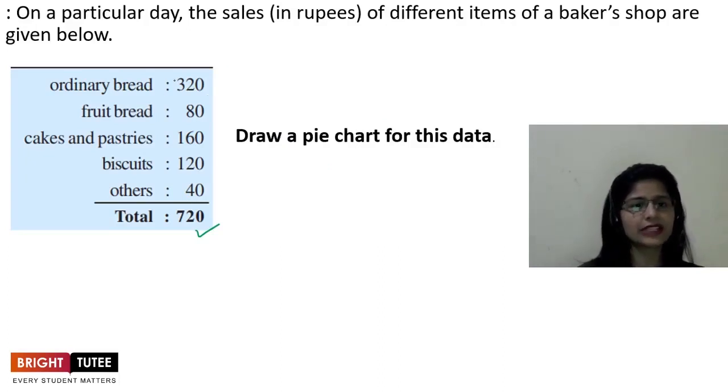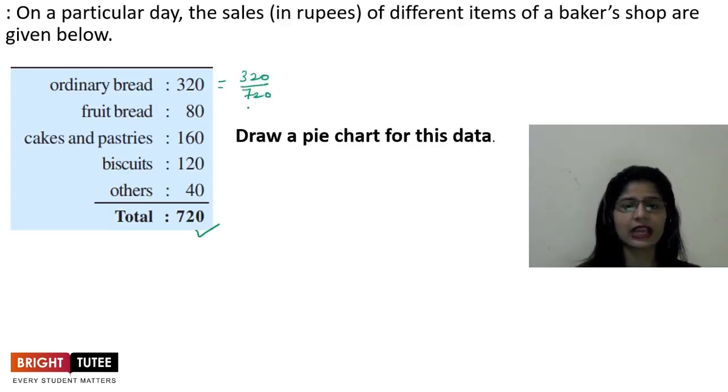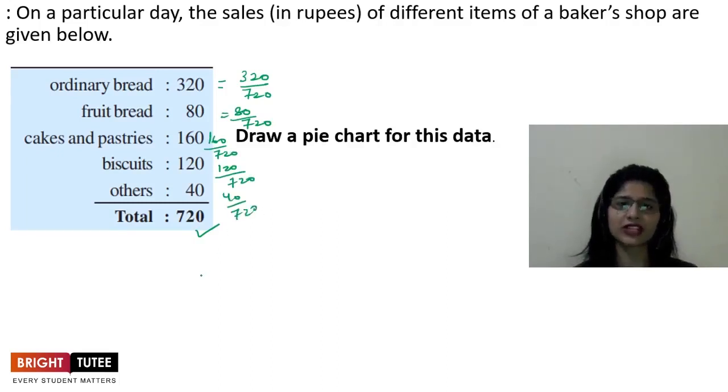If it is 320, it will be 320 upon 720. Like this, we are going to find out the fraction: 80 upon 720, then 160 upon 720, 120 upon 720, and the last one is 40 upon 720. Like this, we will find out the fractions, and then we will find out the angles, right?